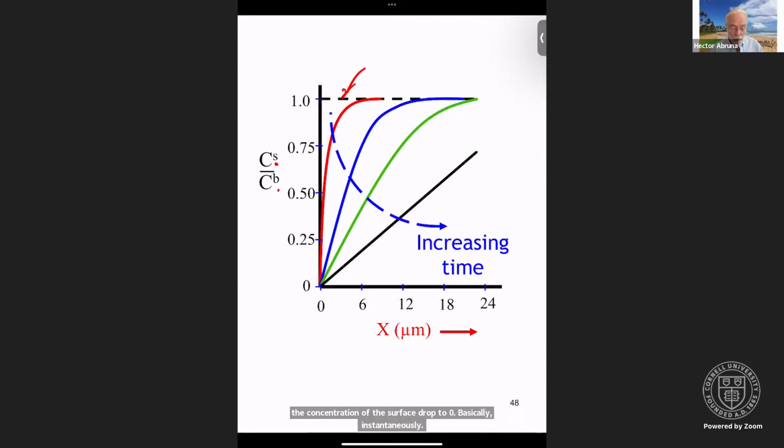Now you have this enormous gradient that is propagating into the solution. If you think of this as 1, 2, 3, and 4, these are 4 different times. At the shortest times, because you're forcing the surface concentration of Ox to go to 0 at the surface, you have a very steep profile. As time goes on, this profile diffuses into the bulk solution, and you can see the slope gets shallower, meaning the concentration gradient decreases.